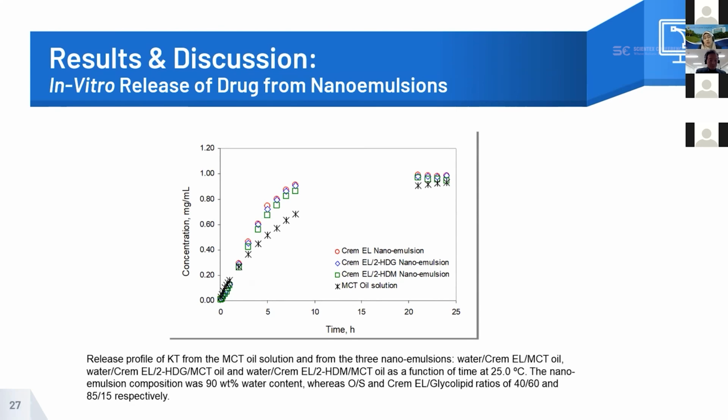This is desirable because when we feel pain, we want to release the pain immediately. Compared to taking a solid tablet, which has a slower rate, taking the nanoemulsion solution is faster. We also compared this with the reference oil solution, which has a lower release of drug from the system.